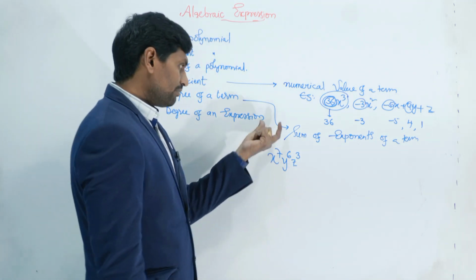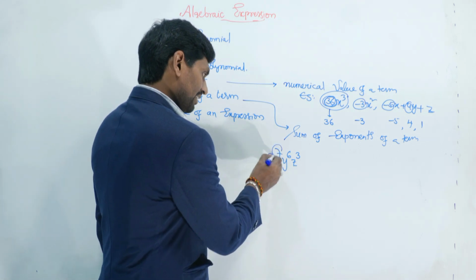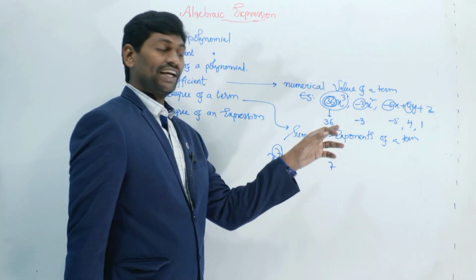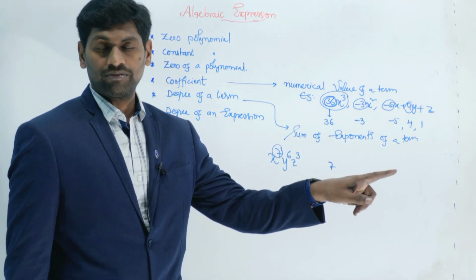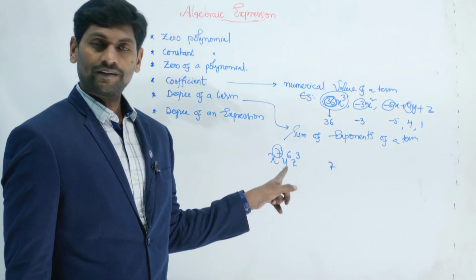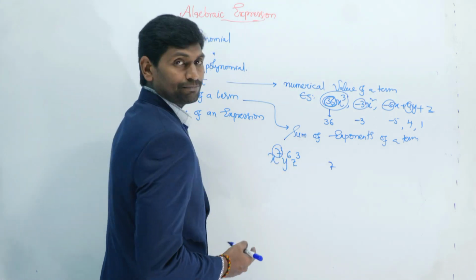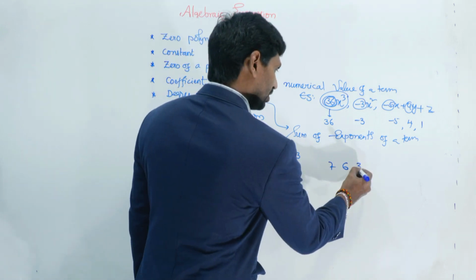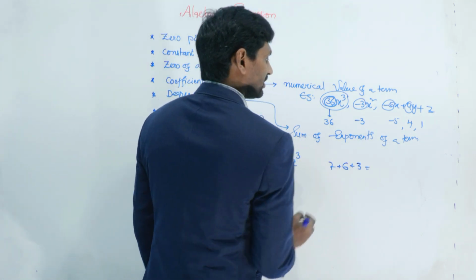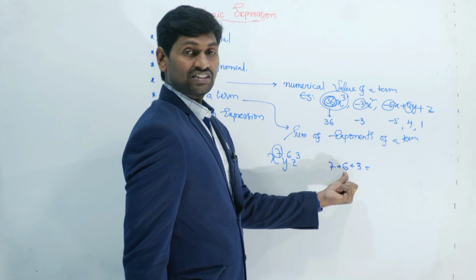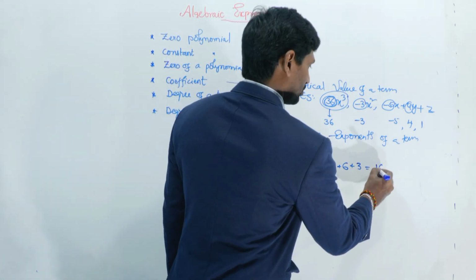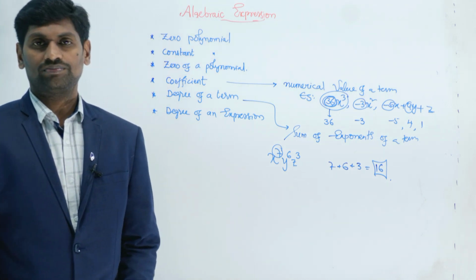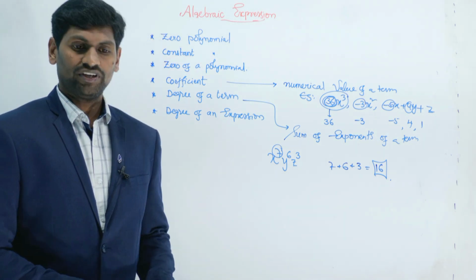The x exponent is 7, the y exponent is 6 and the z exponent is 3. Add all of them: 7 plus 6 is 13, 13 plus 3 is 16. So 16 will be the degree of the term.